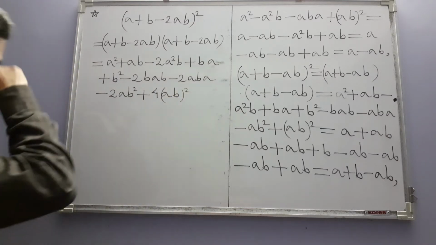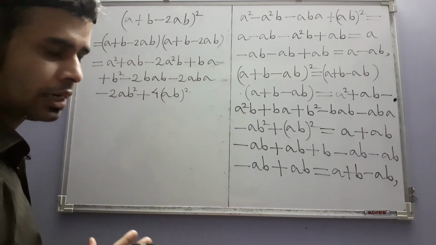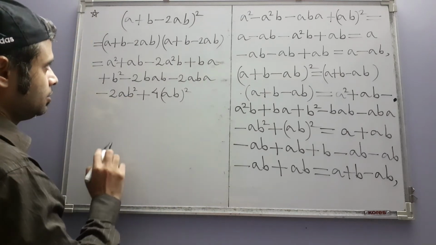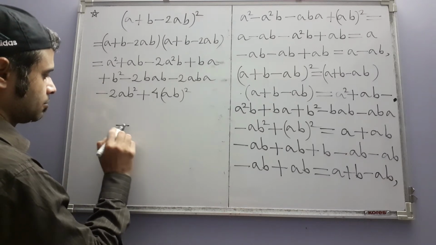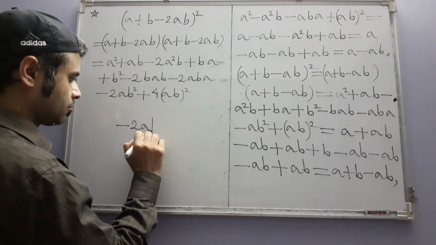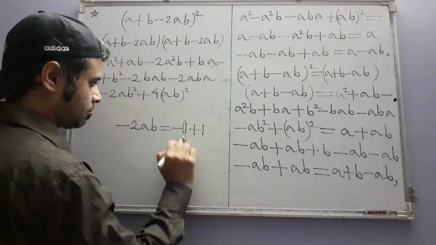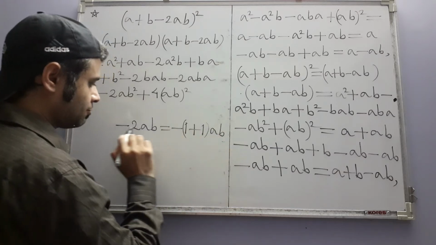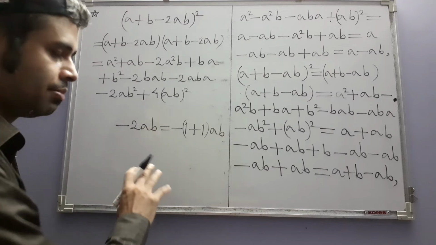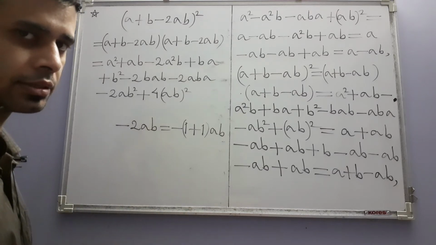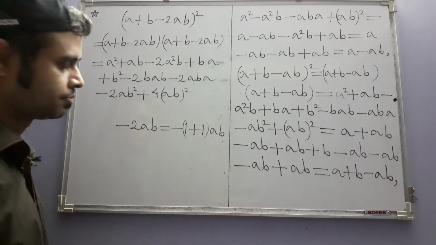Now keep in mind that this minus 2ab has its own meaning, right? Do not think of it like this. Among the many ways of interpreting minus 2ab, if a and b are real numbers and we are in the system of real numbers or the system of complex numbers, this is one way.